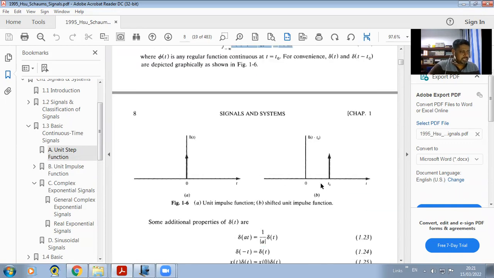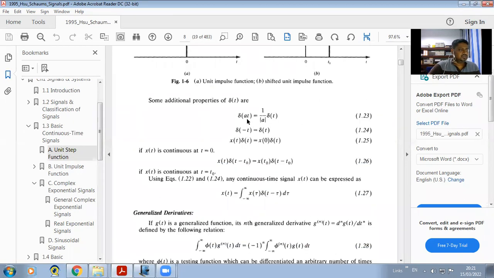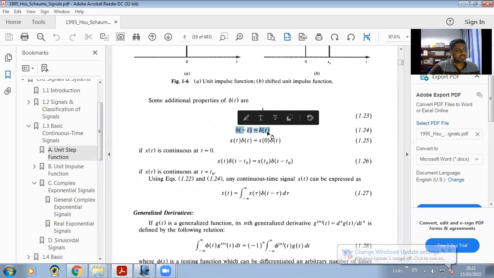And the properties: this is the unit impulse signal, and this is the shifted signal delta t minus t naught. Here you can see the two properties. This is our first property, time scaling, and this is our second property, time shifting.